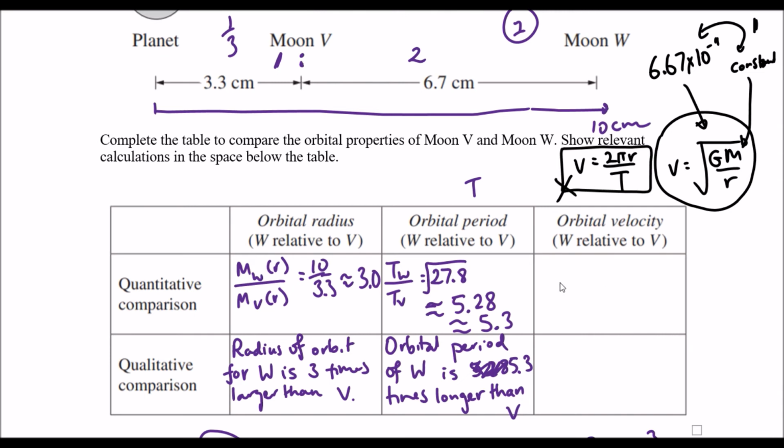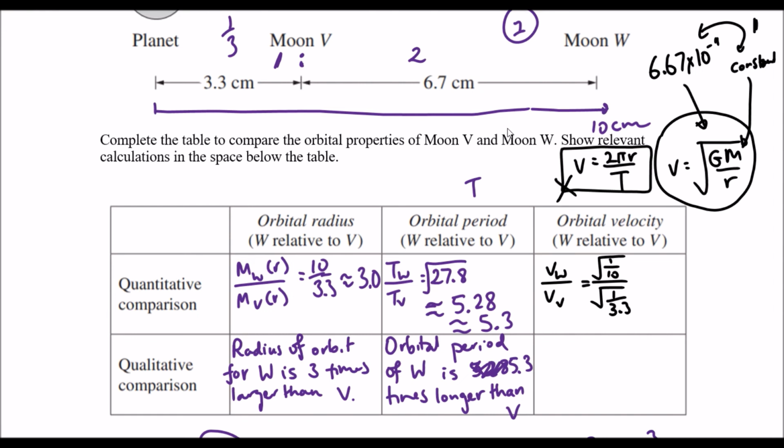So if we do the comparison, the velocity of W divided by the velocity of V, we get the square root of 1 over the radius of W, which is 10. And it doesn't even matter if we make it into meters or kilometers, because we are really here just trying to show a ratio. And then for V, it's 1 over 1, or 3.3.